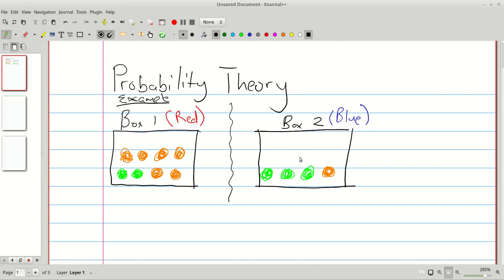Suppose that we randomly pick a fruit from the blue box, and we want to know how many times we expect to pick the orange, and how many times we expect to pick the apple. That's basically the context of it.